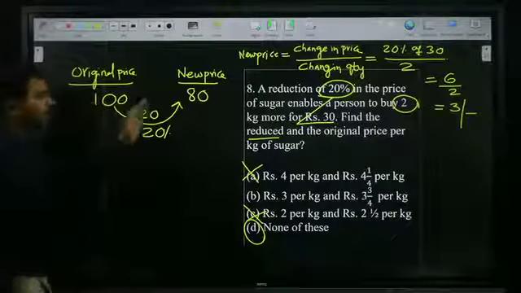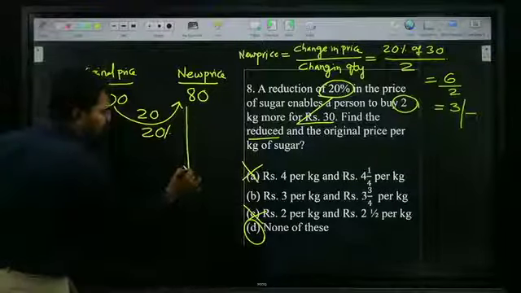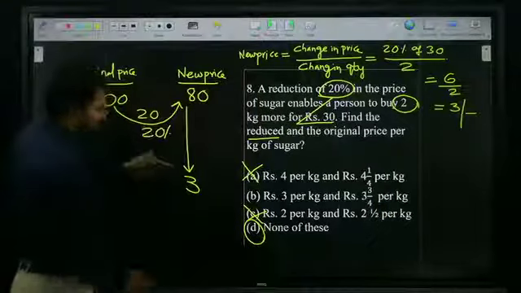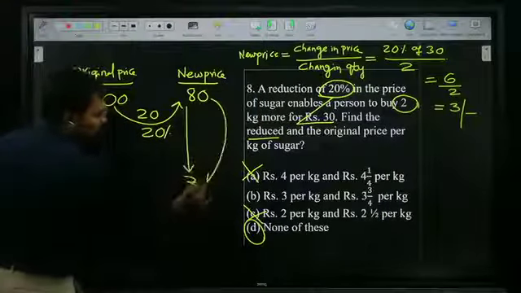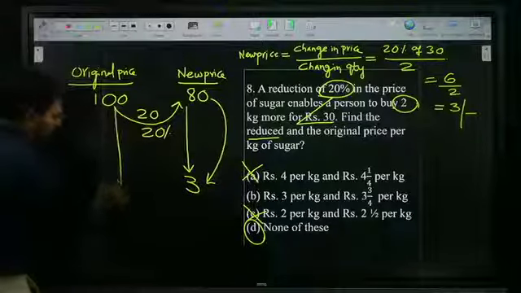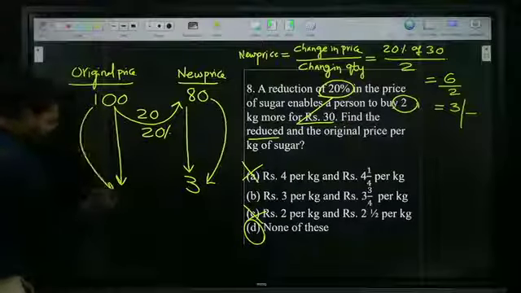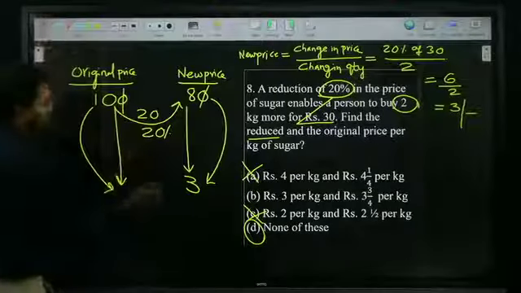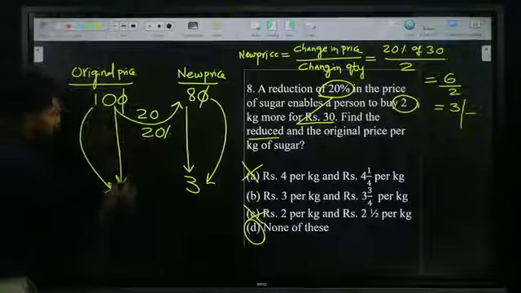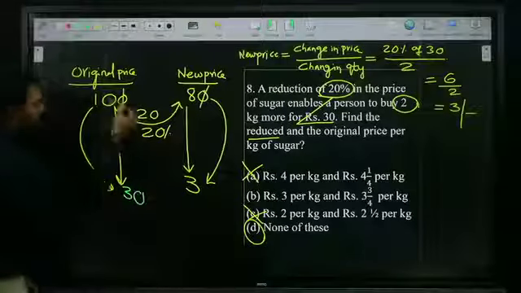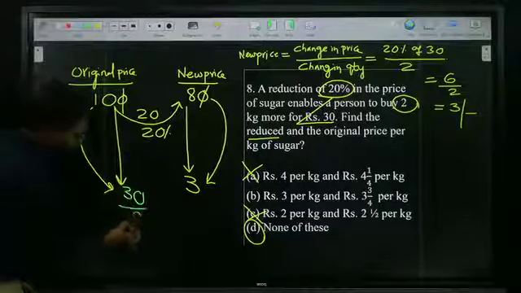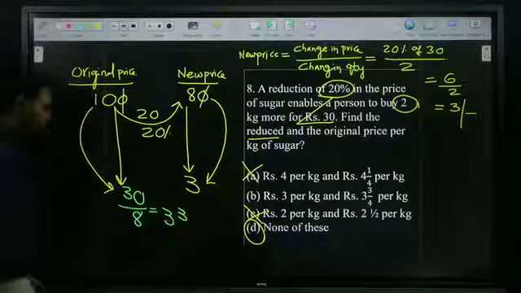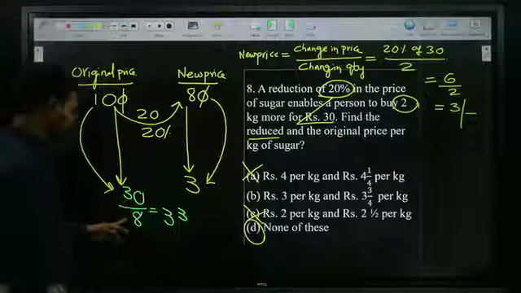According to 100, new price is 80, but according to our problem, new price is 3. How many times does it go? Zeros cancel. If you go for cross multiplication, 30 by 80. 8 threes are 24, remainder is 6, and 6 by 8 is nothing but 3 by 4.